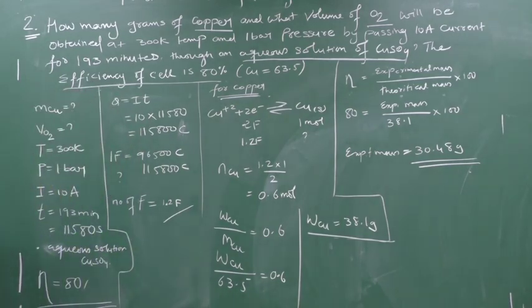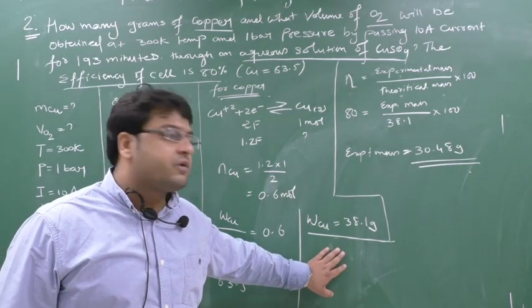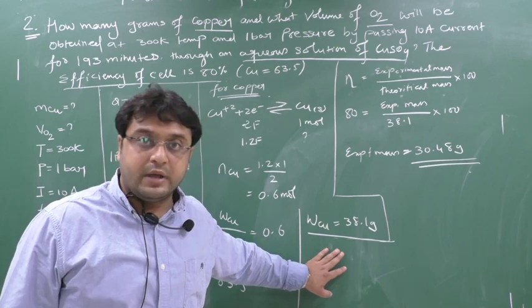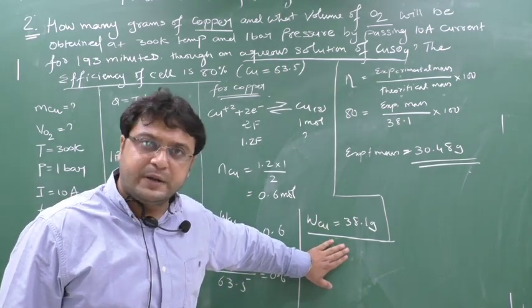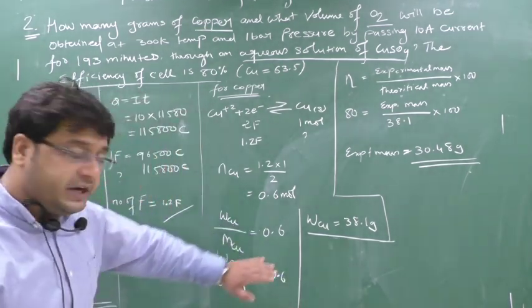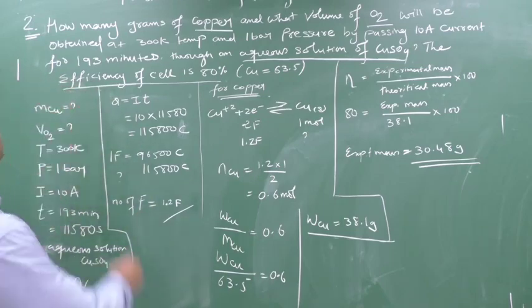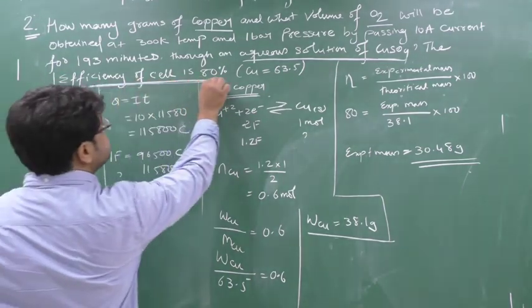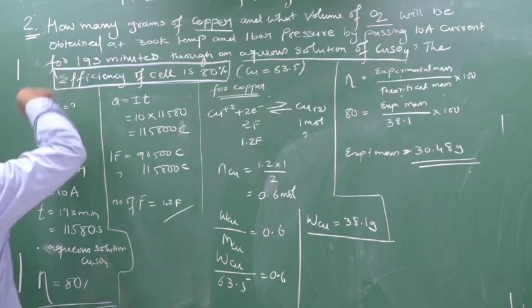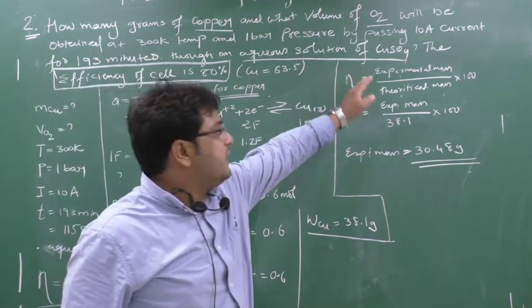Clear? So actually the weight of copper deposited was 38.1 gram, but that was the theoretical mass. In the question they have given the efficiency, which means we have to use it. The efficiency formula is experimental by theoretical.